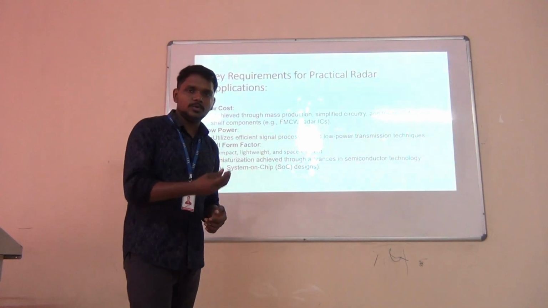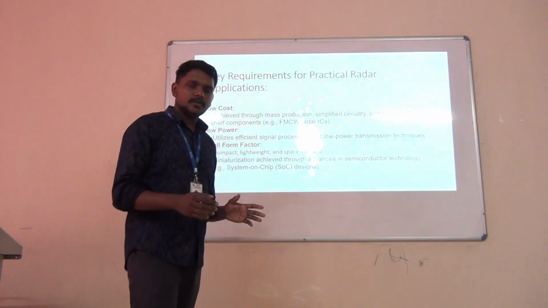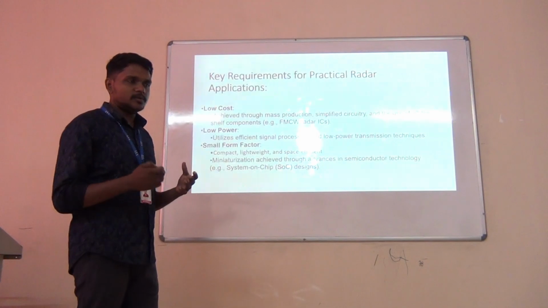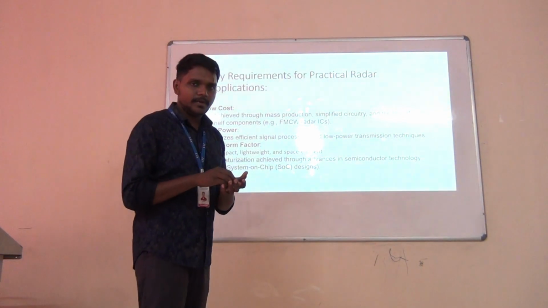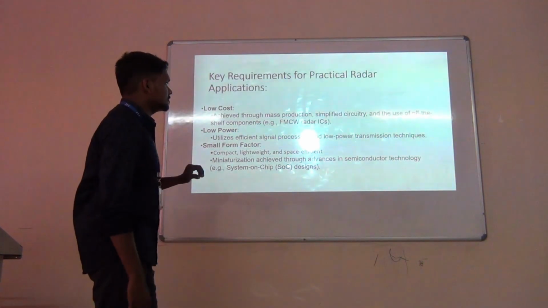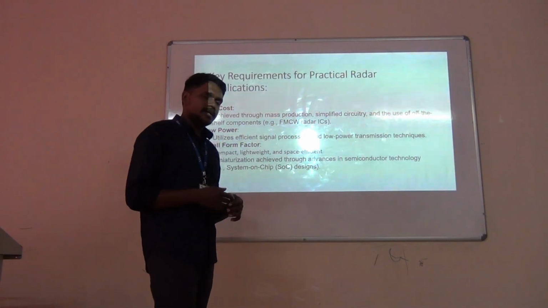In case you want to use it in drones, which are already very small equipment, you have to design it in such a way that it is a very small radar. This can be achieved through multiple levels of iterations and designs.